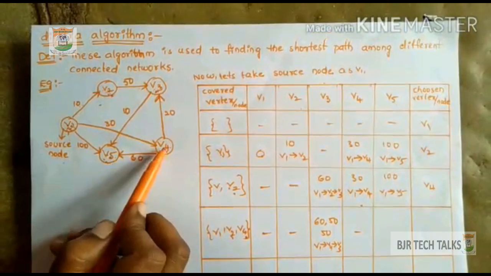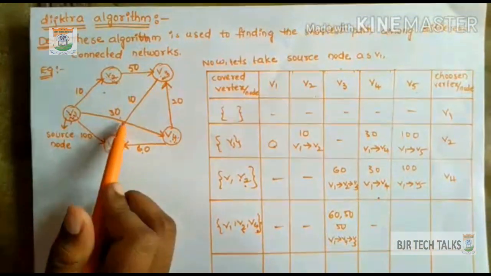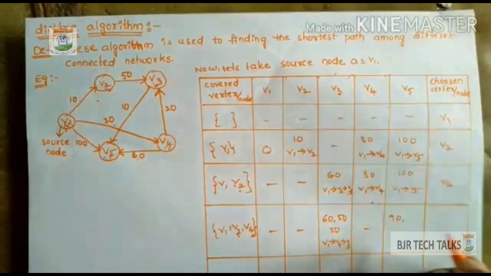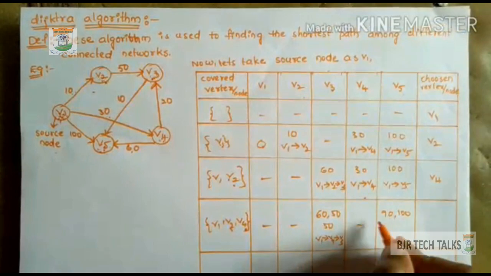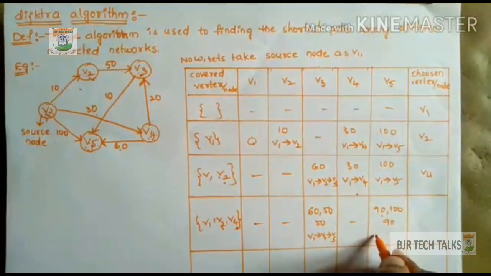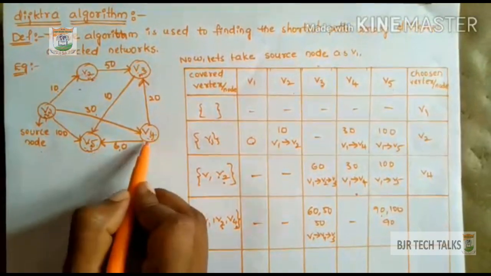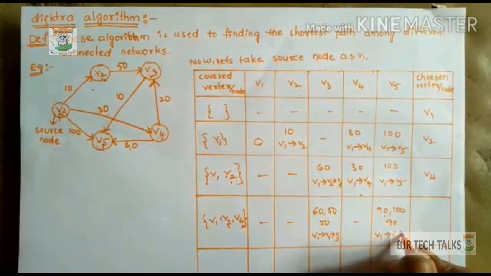V1 to V4 is 30, V4 to V5 is 60, 60 plus 30, 90, and V1 to V5 is 100. The least distance is 90, so it is taken. The routing is V1 to V4, V4 to V5.